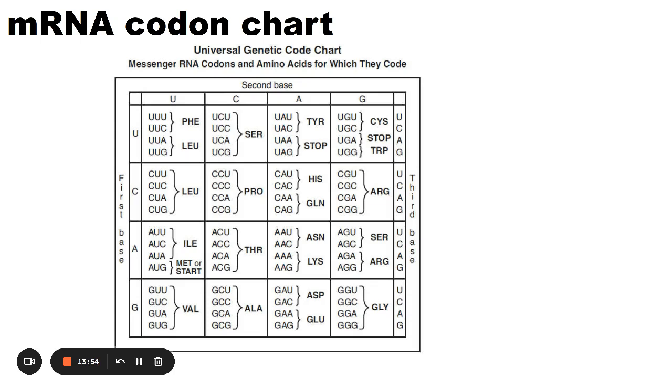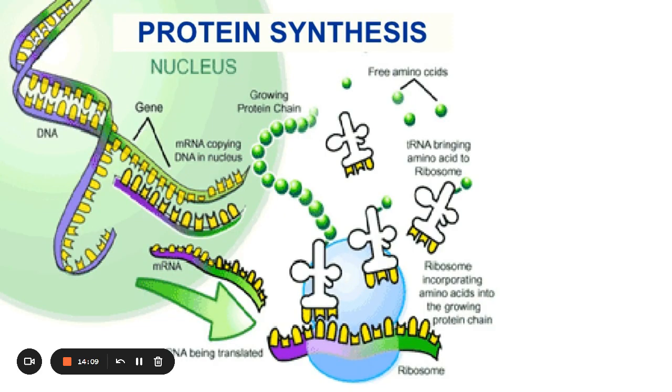It's in this box. And then G. AAG is a codon that's a code for the amino acid lysine, LYS. And so you can use this chart to figure out what codon matches with which amino acid.